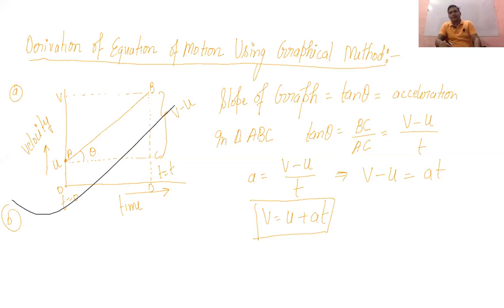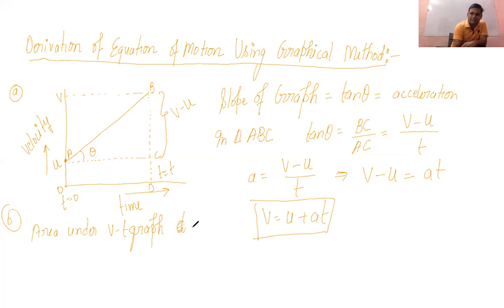So please don't write area under v-t graph gives distance. We can write here s is equal to area under the AB graph.